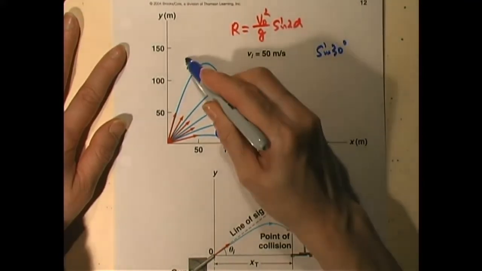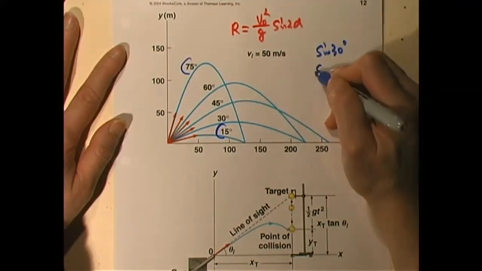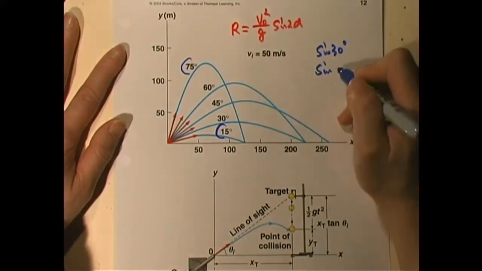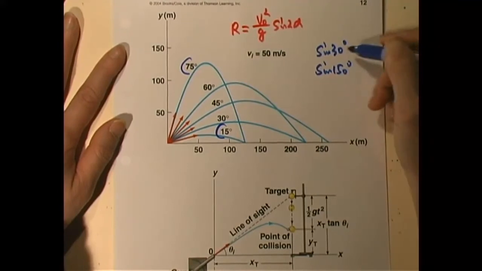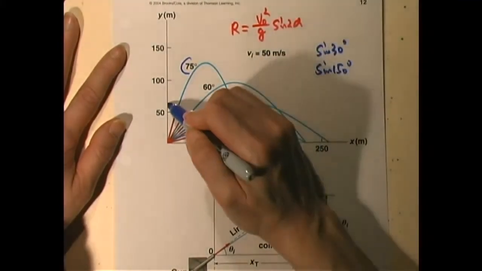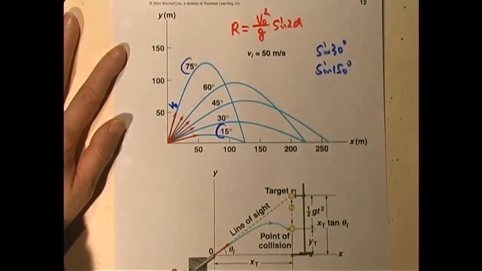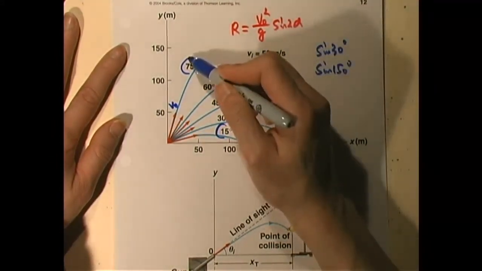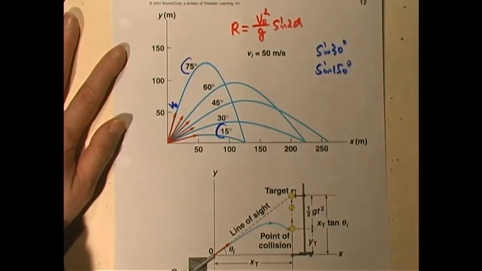But if that angle is 75, sine twice of 75 is sine 150. Sine 30 and sine 150 have the same value. Therefore, if v_0 is the same, when we shoot at an initial angle of 75 degrees or 15, it will end up at the same x range of R.